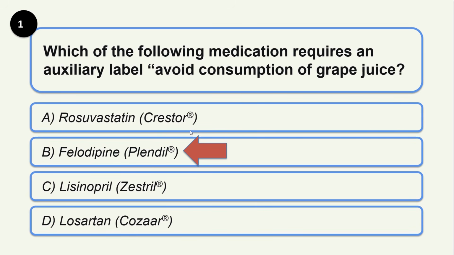However, rosuvastatin is not metabolized by CYP3A4, so one can still use rosuvastatin and also consume grapefruit juice. Felodipine, a dihydropyridine calcium channel blocker, is a strong substrate of CYP3A4. Therefore, its metabolism is affected by consuming grapefruit juice, which is why you label felodipine to avoid grapefruit juice.